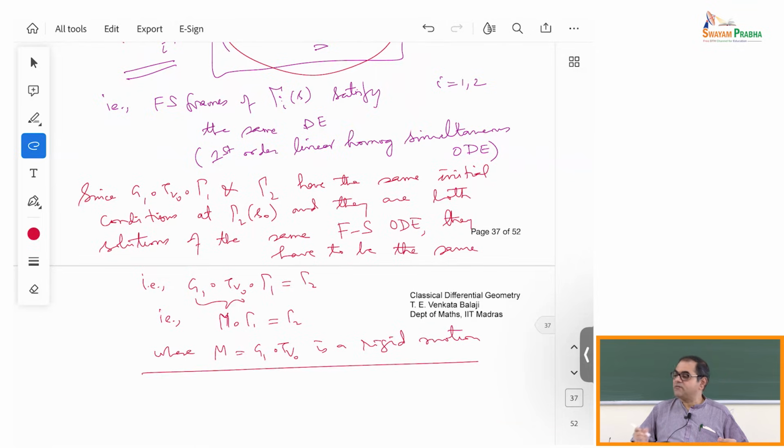So this is what we have done. Now, what I want to say is that even without using the uniqueness of solutions of differential equations, you can directly deduce this, because to deduce that these two are equal, you can do it even using the Frenet-Serret relations themselves. The Frenet-Serret relations are very, very powerful. So how will you directly do that?